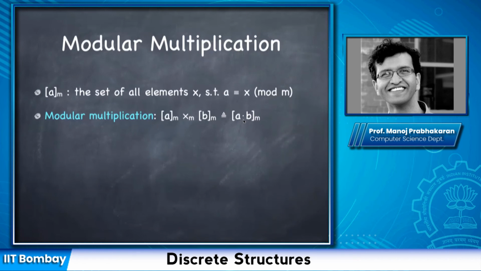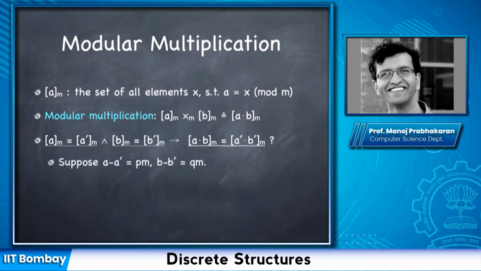So whether the column I'm defining as a product will stay the same irrespective of which representatives A and B I picked. So here is the question: if I pick some two arbitrary A and A prime, which are in the same column but otherwise arbitrary, and similarly some two representatives B and B prime for a column, am I guaranteed that AB and A prime B prime fall in the same column?